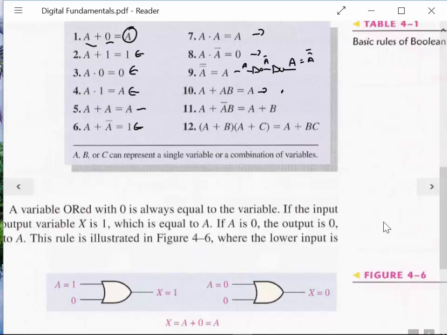This is going to be A(1 plus B). Going back to this term right here, 1 plus B is equal to 1, and then 1 times A is equal to A, so it just becomes A. It's a way that we simplify this. So let me just write that a little clearer.